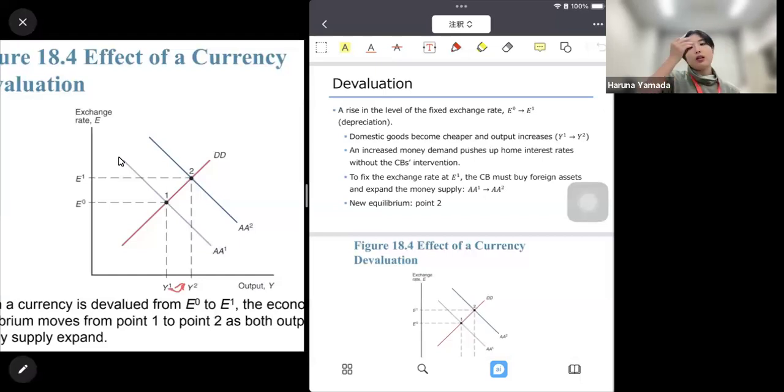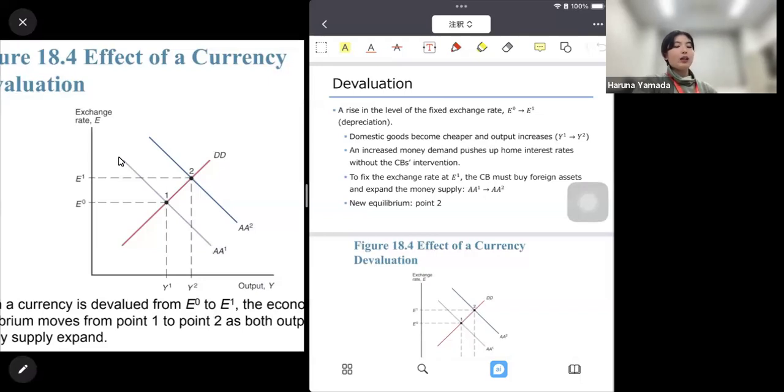This is because of increasing exports. Then there is also increased money demand. Recall that a higher output causes a higher demand for money for transactions. Therefore, excess money demand happens. An increased money demand pushes up home interest rates without the central bank's intervention.